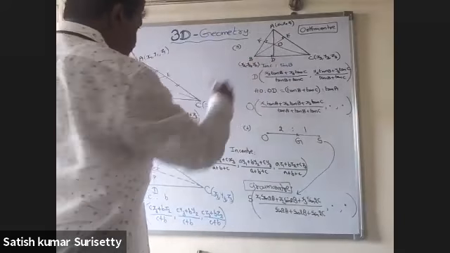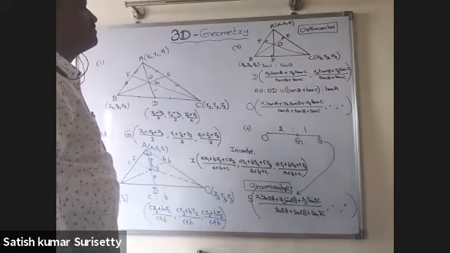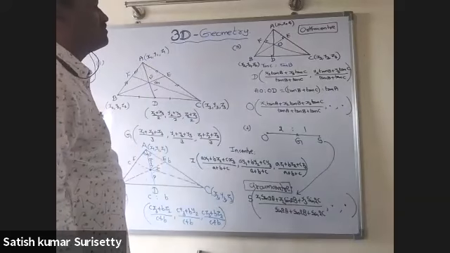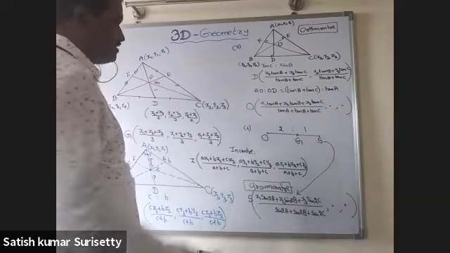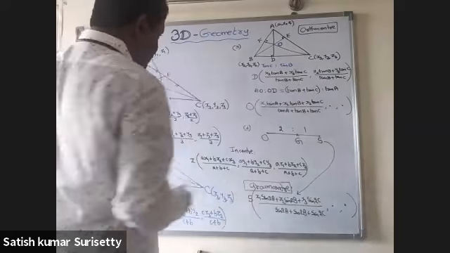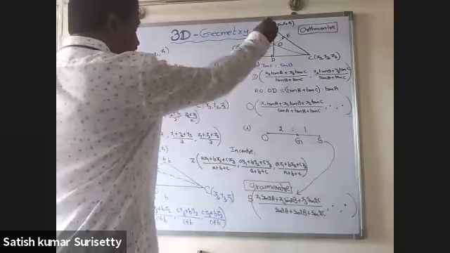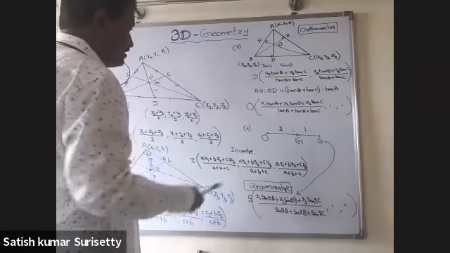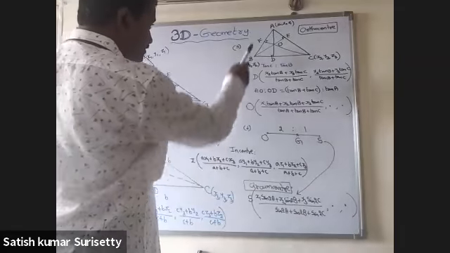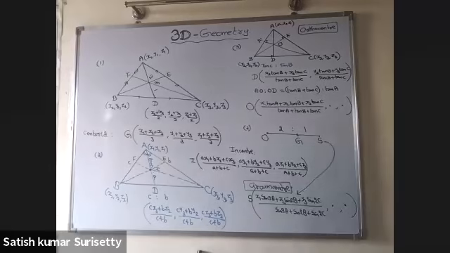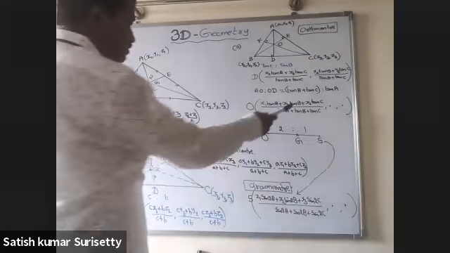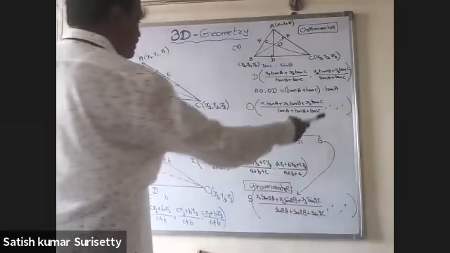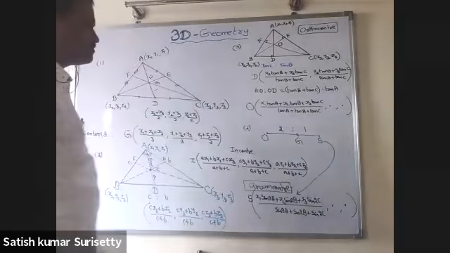AD divides BC in the ratio of tan C to tan B. Hence, the coordinates of D follow, and it can be proved that AO is to OD as tan B plus tan C to tan A. Hence, the coordinates of the orthocenter of the triangle ABC are x1 tan A plus x2 tan B plus x3 tan C upon tan A plus tan B plus tan C. Similarly, y coordinate and z coordinate.